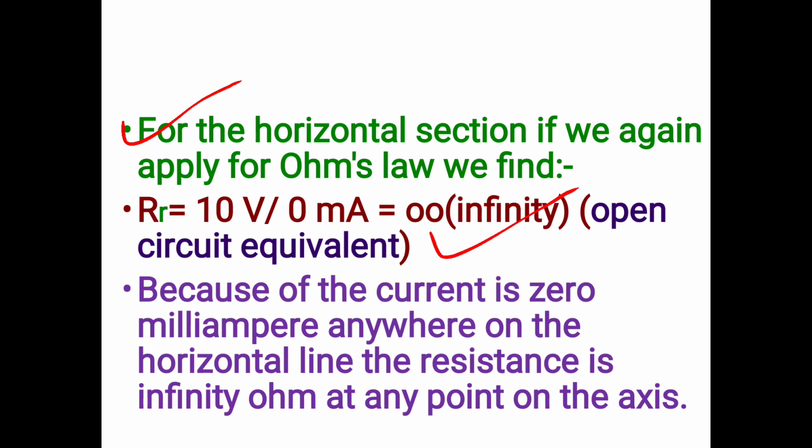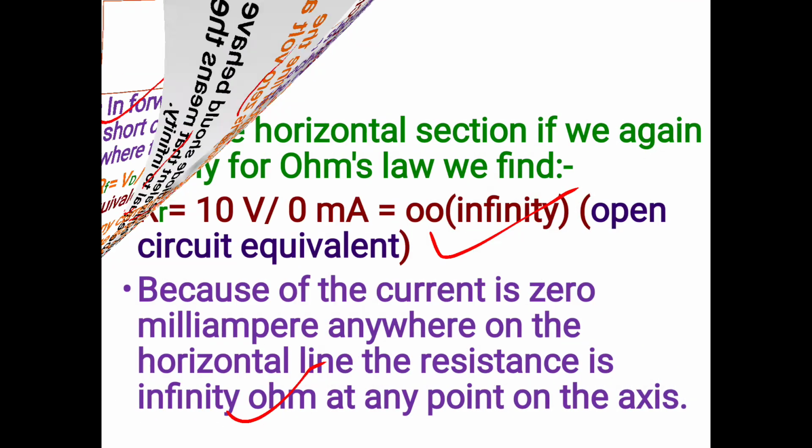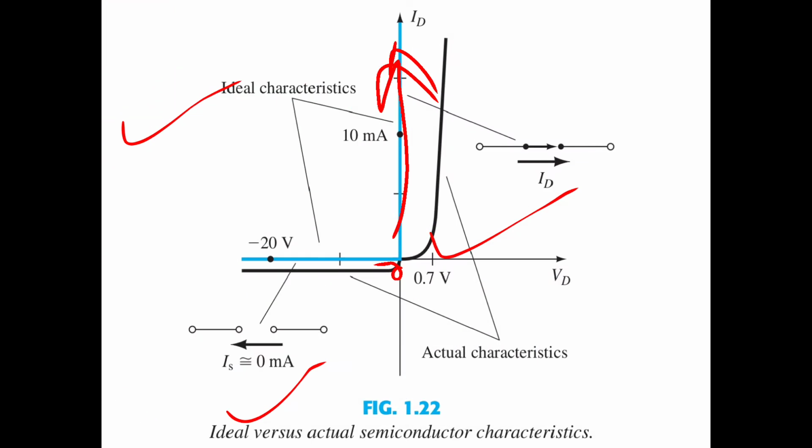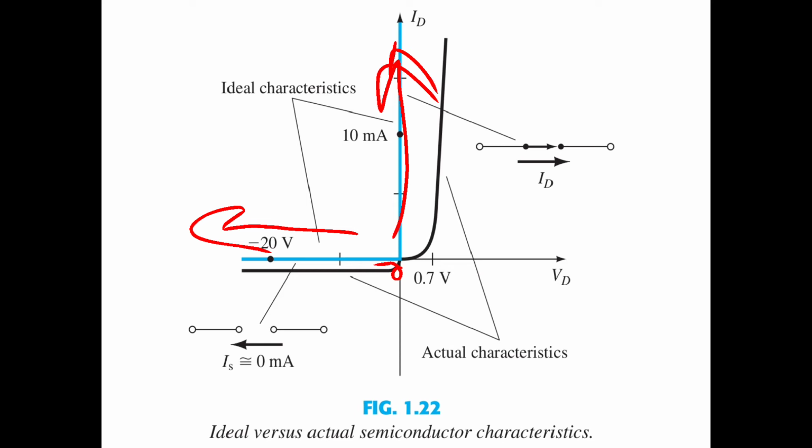If we solve this equation, we get infinity, which is the resistance in case of the reverse bias diode. Because the current is 0 milliampere, anywhere on the horizontal line the resistance is infinity ohm at any point on the axis. This is the figure for the reverse bias diode, where 0 milliampere current is flowing.